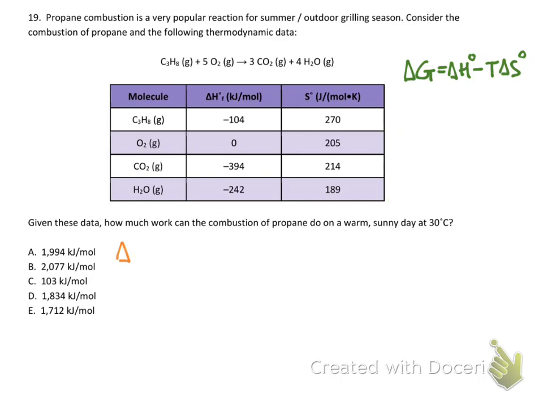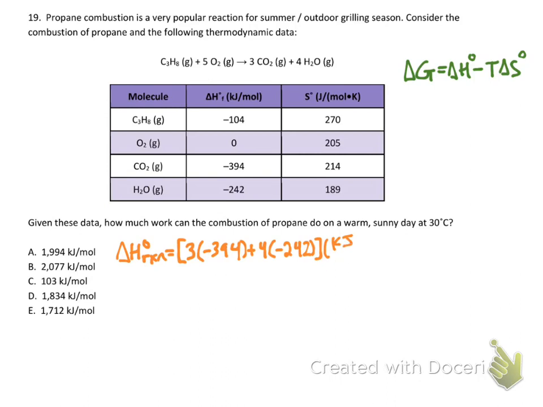All right, so our delta H standard for this reaction is equal to the enthalpy of our products. We've got 3 moles of CO2, and CO2 is negative 394 kilojoules per mole, plus 4 H2Os, and H2O is negative 242 kilojoules per mole.